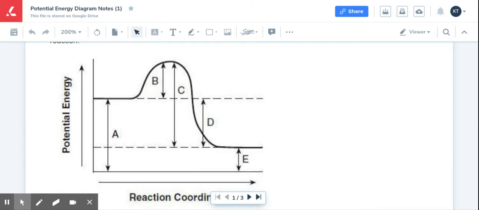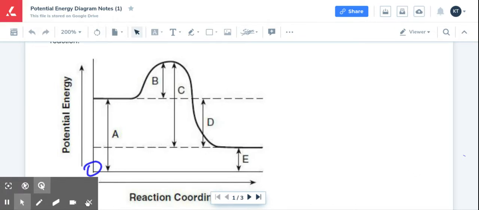What we have here is a general potential energy diagram, and I want you to focus on the axes first. So the y-axis is going to be a measure of the potential energy, and you can think of the origin down here as being 0, and it increases as you go up the y-axis. The x-axis is going to be either labeled as the reaction coordinate or reaction progress.